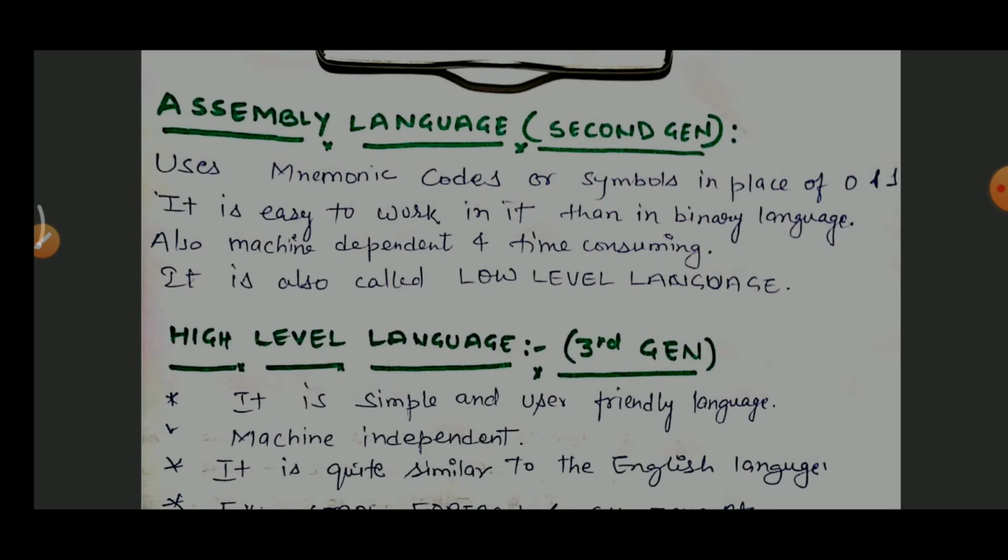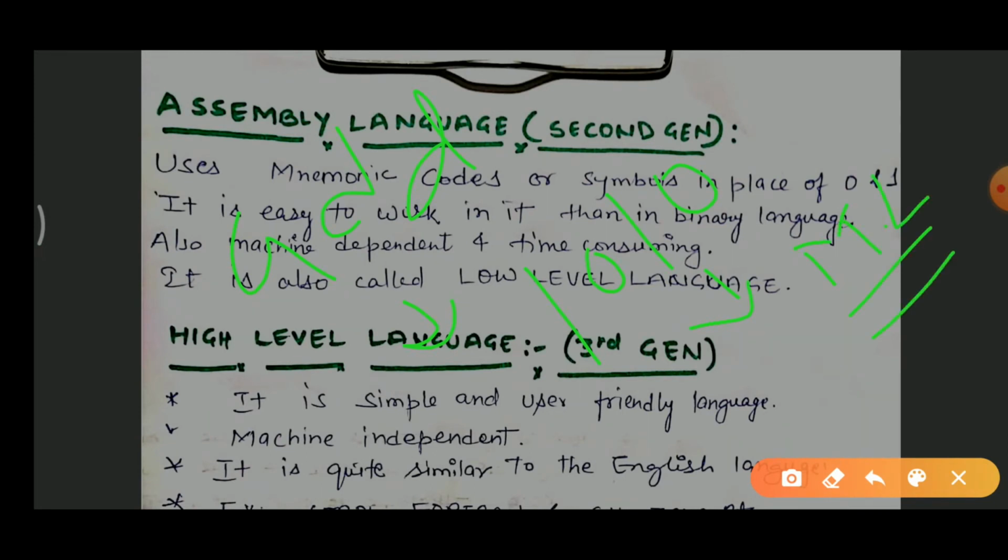For example, if the operation code for add is 1010 in machine language, then in machine language this 1010 represents add.